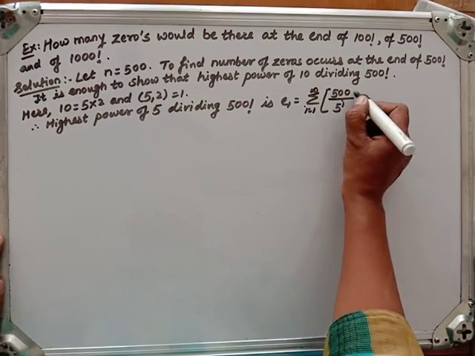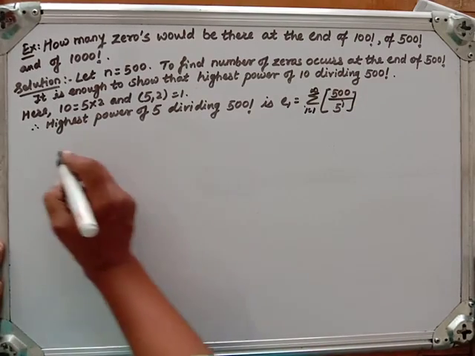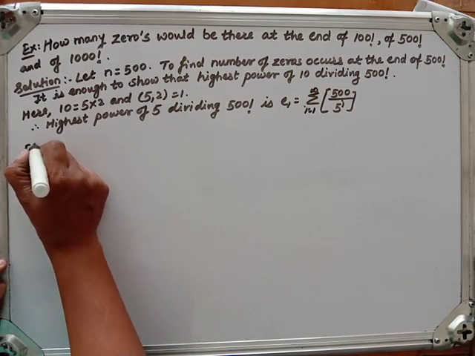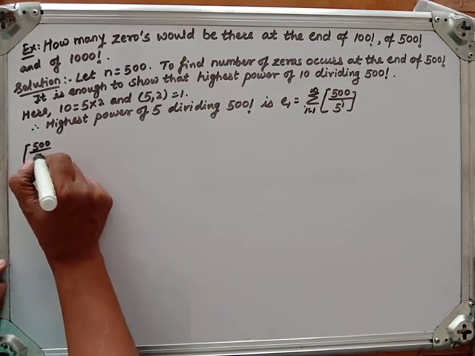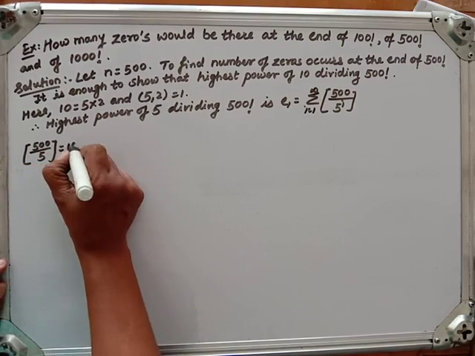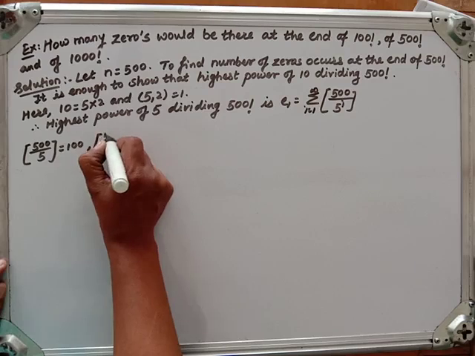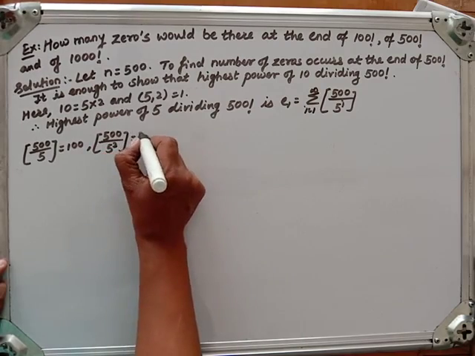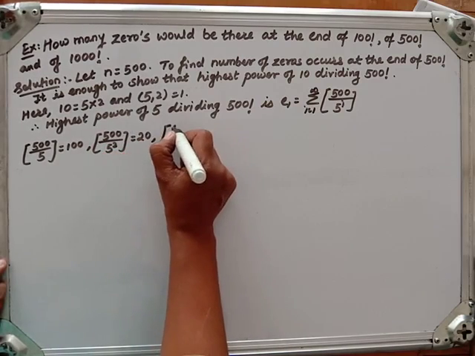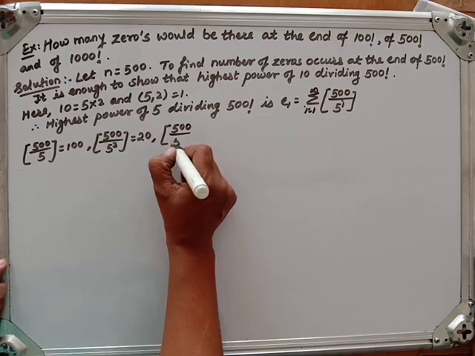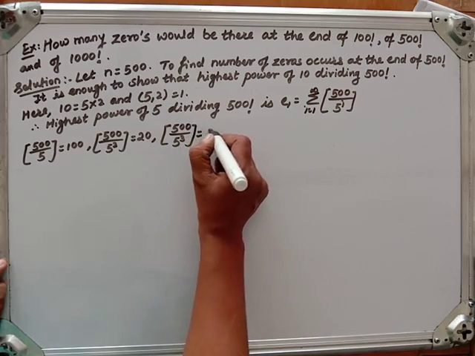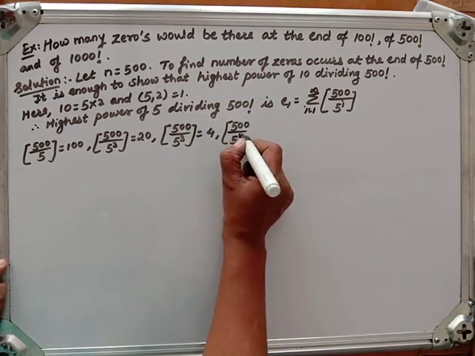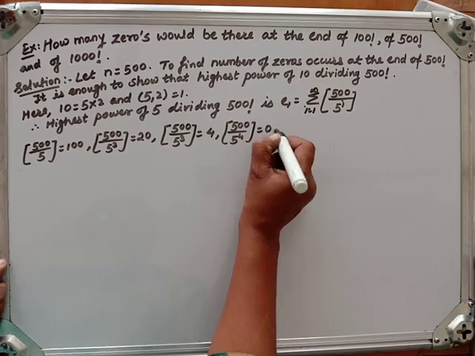raised to I. Okay. So 500 upon 5 raised to 1, that is 5, it is 100. 500 upon 5 square, that is 25, so it will be 20. 500 upon 5 cube will be 4. 500 upon 5 raised to 4 will be 0.